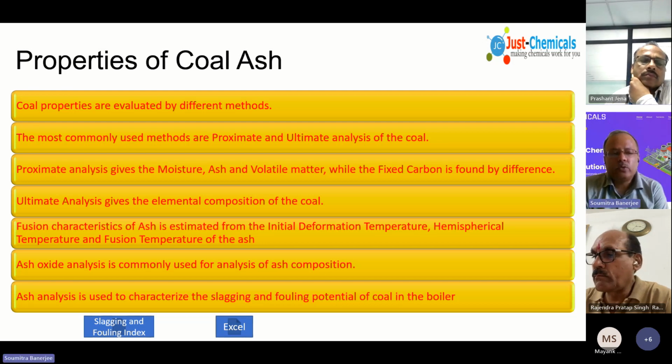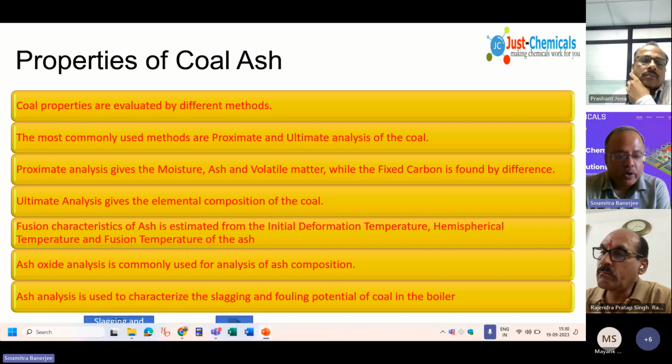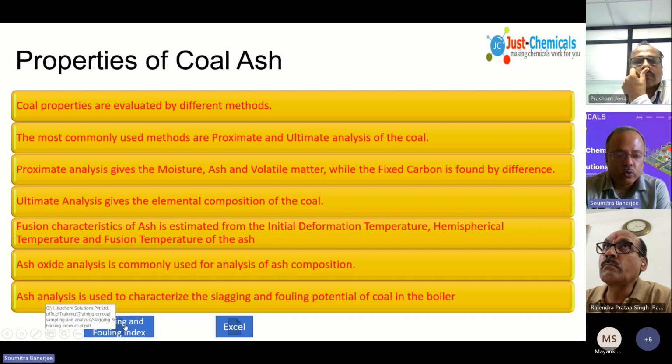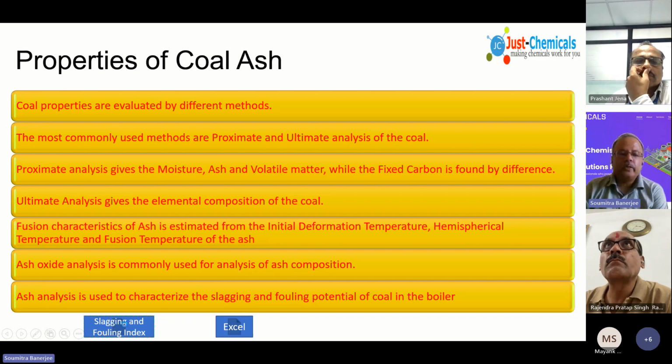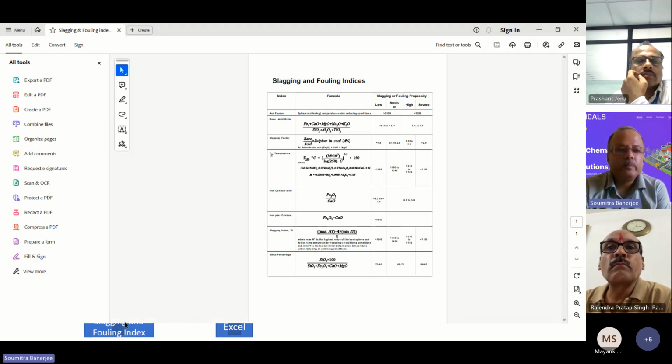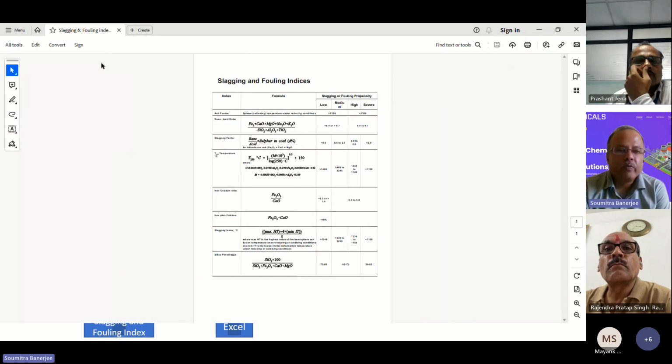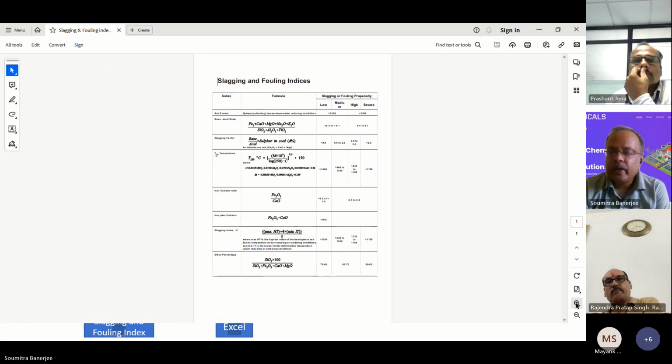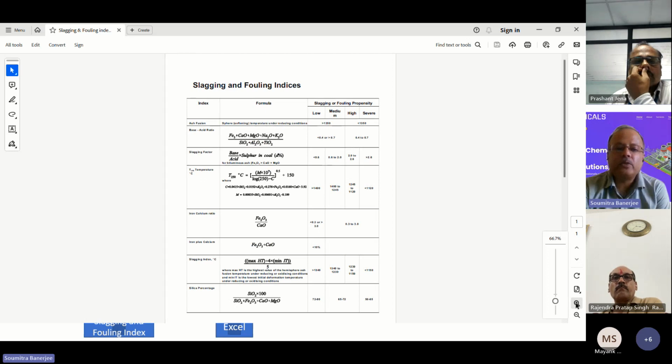Ash analysis is used to characterize the slagging and fouling potential of the coal. We are not yet into the subject of storage. We are just talking about the properties of coal. We will be inside the coal storage space very soon.